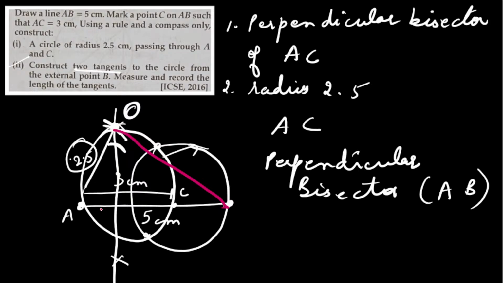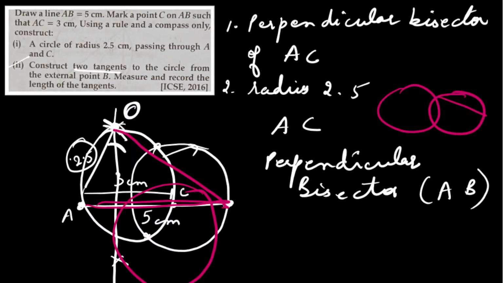Because when we are drawing the perpendicular bisector of AB, the circle is like this. We don't want the circles like this, we want them so that we can find their points of intersection and draw the tangents.